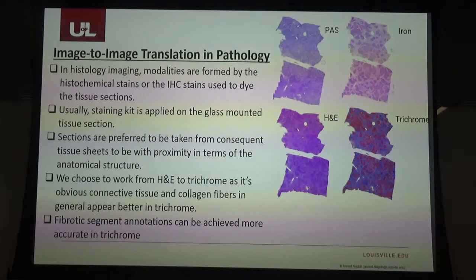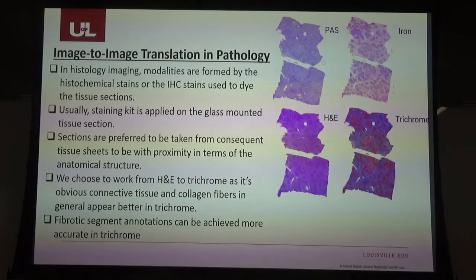So in the field of pathology or microscopic images, the domain can be reflected in the staining kits, the histochemical stains, the immunohistochemical stains, and the processing steps that we apply on the specimens, the tissue specimen, perhaps the bodily fluid specimen, any type of specimen, the cell lines.